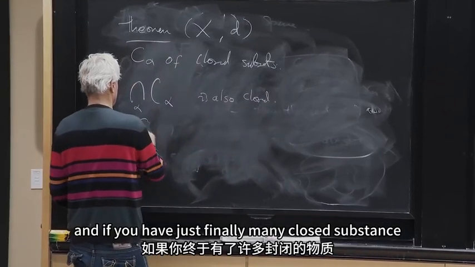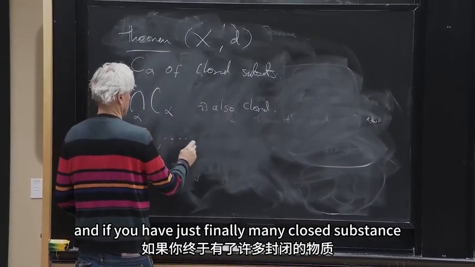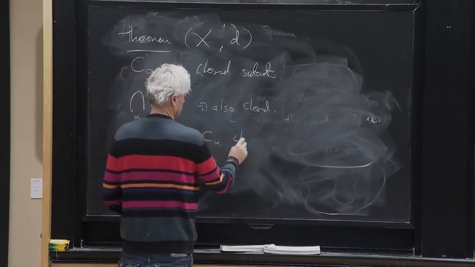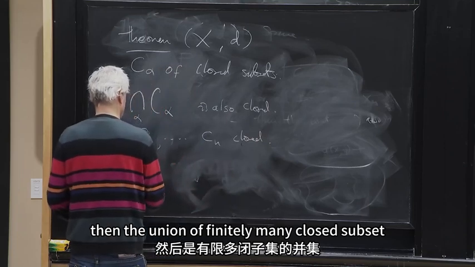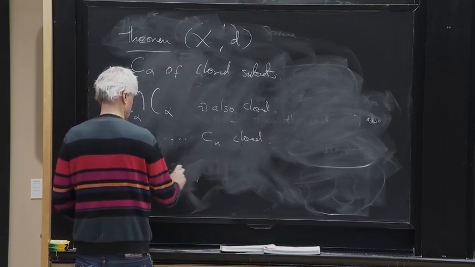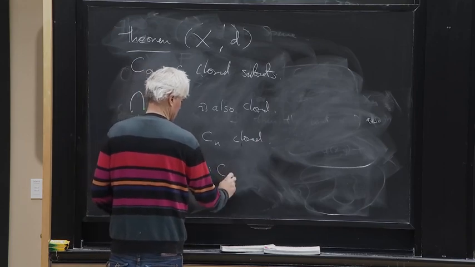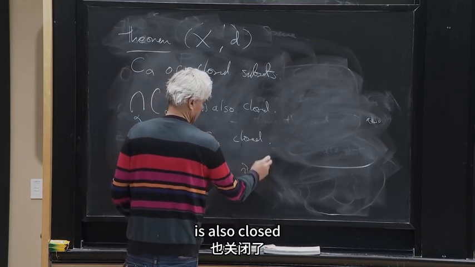And if you have just finitely many closed subsets, then the union of finitely many closed subsets is also closed.